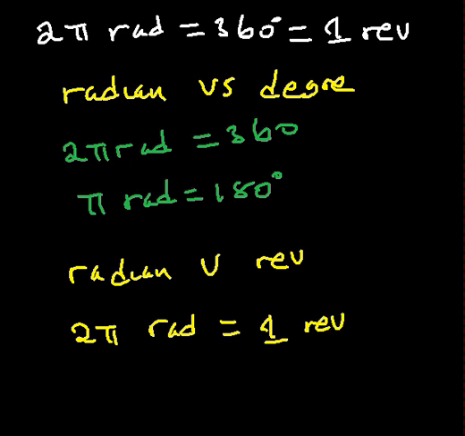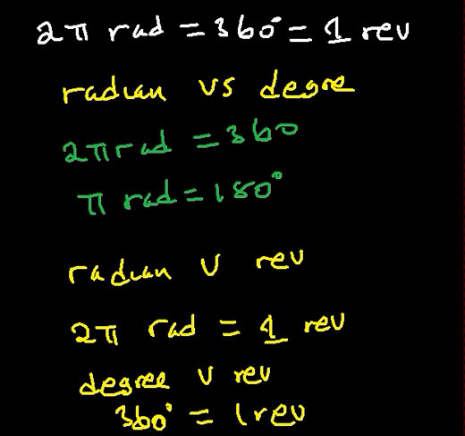So this is the conversion factor that we use to change from radians to revolutions, and likewise, degrees versus left. If that is the case, we understand that 360 degrees is equal to 1 left. So if we are to convert from left to degrees, it's possible like that.